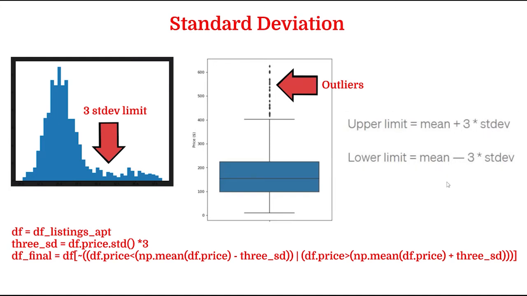Same for the lower limit. You can set it at mean minus 2 sigma or mean minus 3 sigma. The Python implementation is shown here at the bottom.